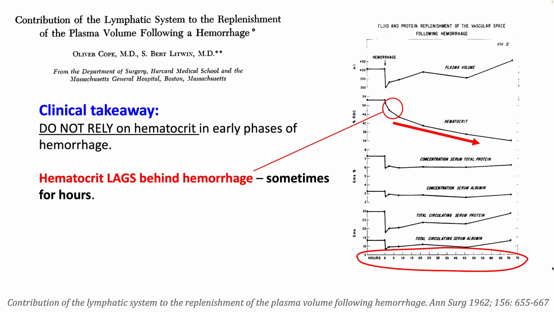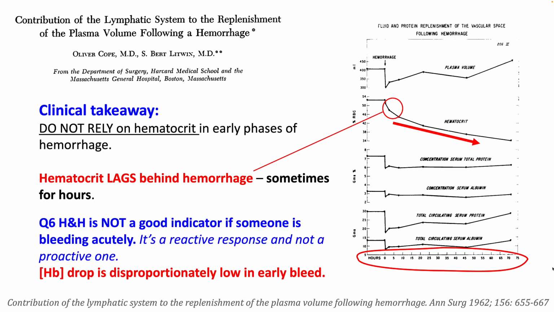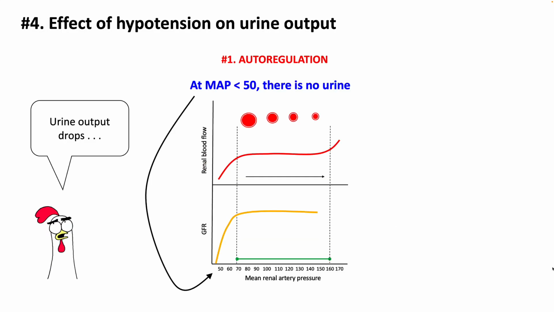You can see in this figure that it took quite a long time before hematocrit stabilized. So when you order Q6H H&H, it's not a good indicator if someone is bleeding acutely. It's more of a reactive response and not a proactive one. So understand that the hemoglobin drop is disproportionately low in early bleed, and it will equilibrate after many hours.